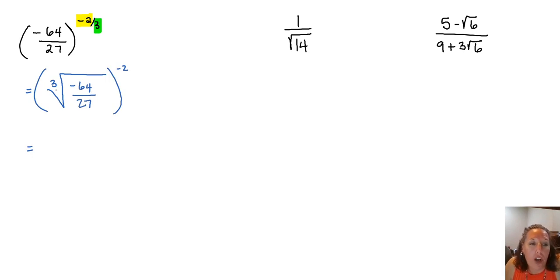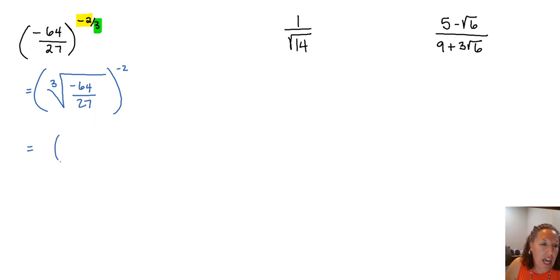Remember, if we have an odd root, we can take the root of a negative number, because a negative number raised to an odd power gives you a negative number. So going backwards, we can still have negatives underneath a cube root or a fifth root anytime we have an odd index. The number that multiplies by itself 3 times to give us 64 is 4.